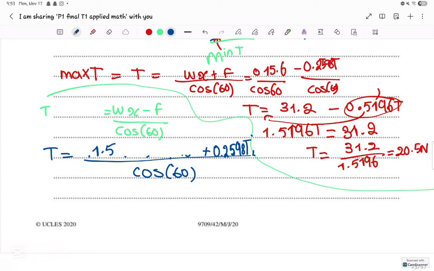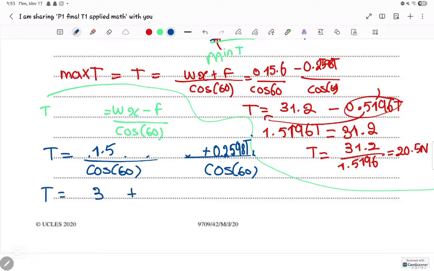Now what can I do? I can separate the cosine 60. So this gets its own cosine 60. This gets its own cosine 60. So now what can I say? I can say 1.5 over cosine 60, which is 3. So tension is equal to 3 plus 0.2598 over cosine 60. That's going to be 0.5196 tension.